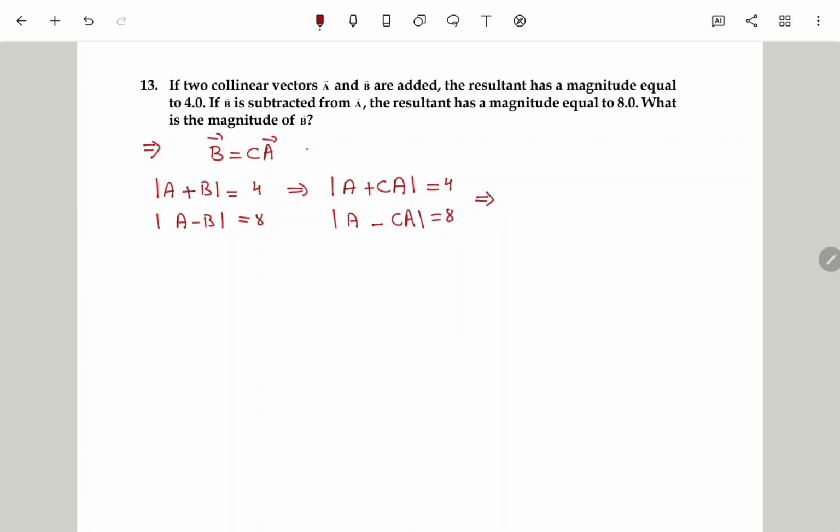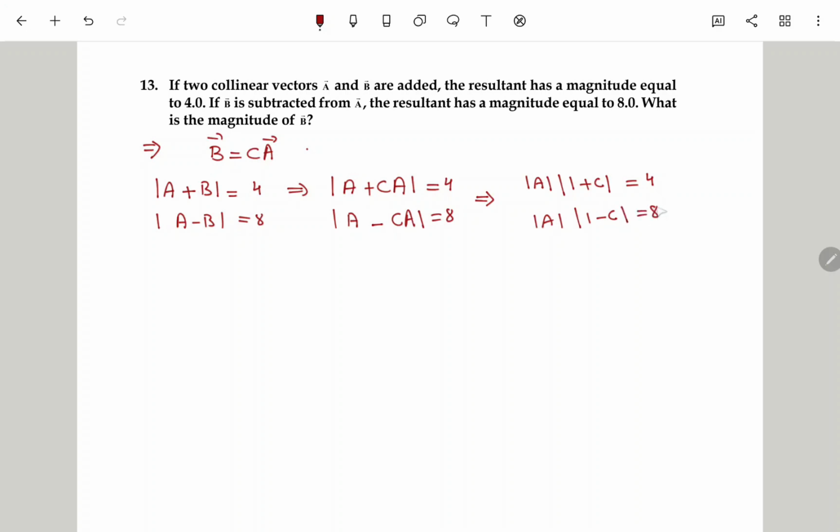In other words, magnitude of A times 1 plus c equals 4, magnitude of A times 1 minus c equals 8.